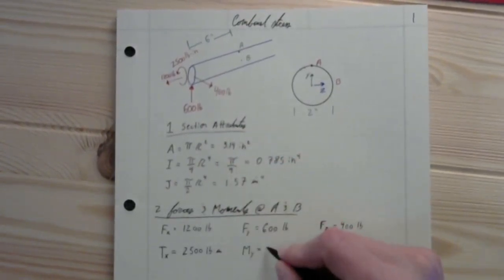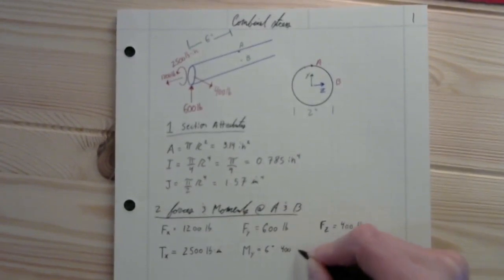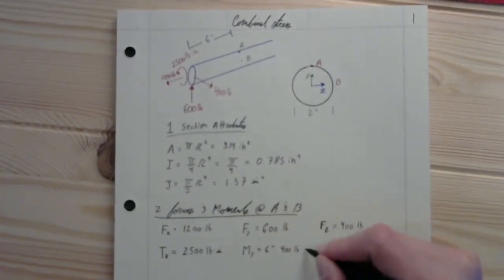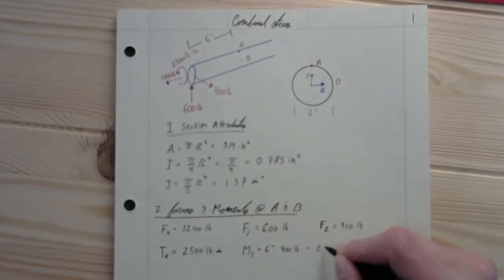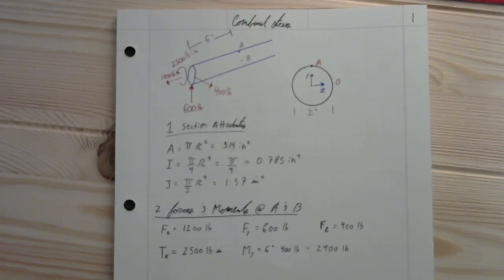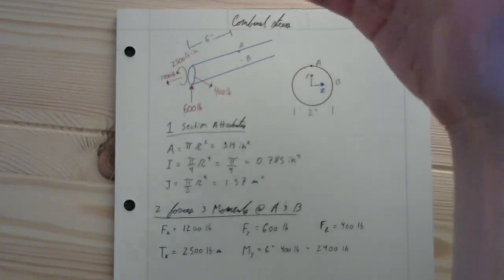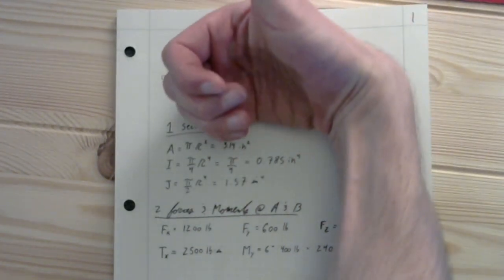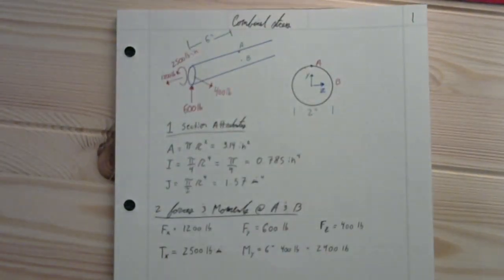So that's going to be 6 inches times 400 pounds, which is 2,400 pound-inches. Let's check which direction, positive or negative, using the right-hand rule. Looks like that's going to be positive.